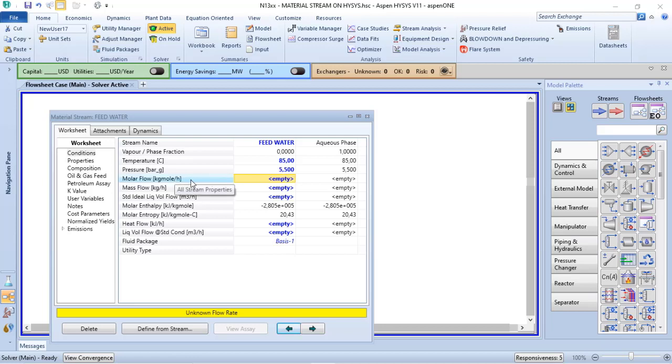Kilomole per hour is not a unit of measurement usually used in chemical process engineering and plant design projects, because we don't sell products, or measure products, as kilomole per hour.